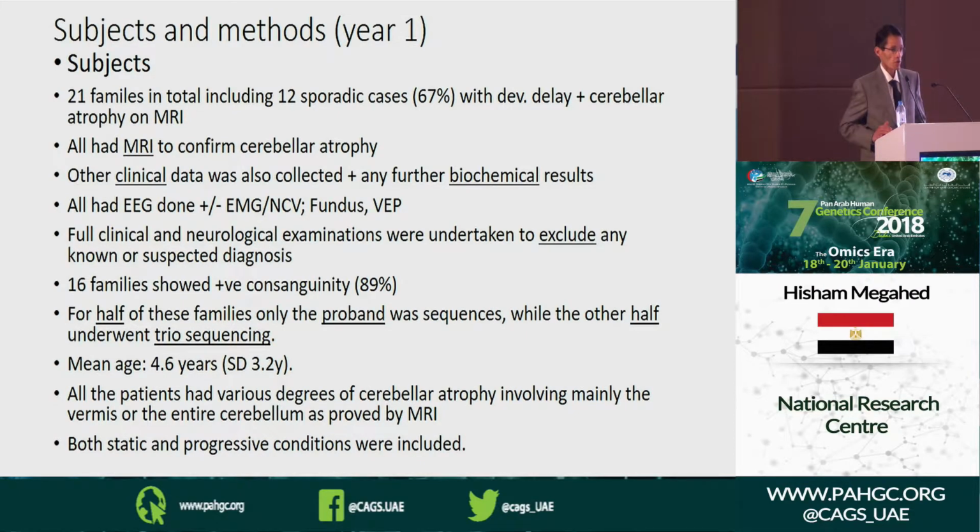We did all the possible neurological and clinical examination and biochemical testing. For half of these cases, we did whole exome sequencing for just the proband, while for the other half we did tri-sequencing involving the parents, and sometimes we added another affected child if he or she was available.